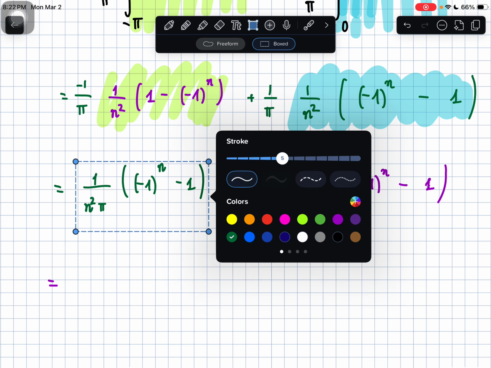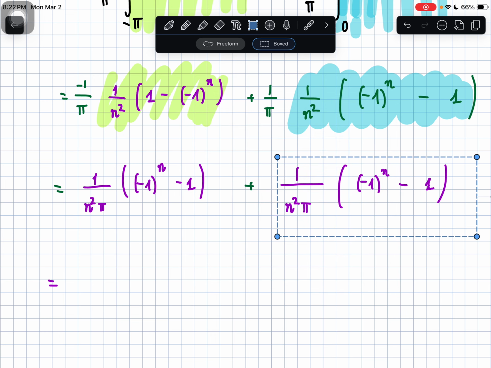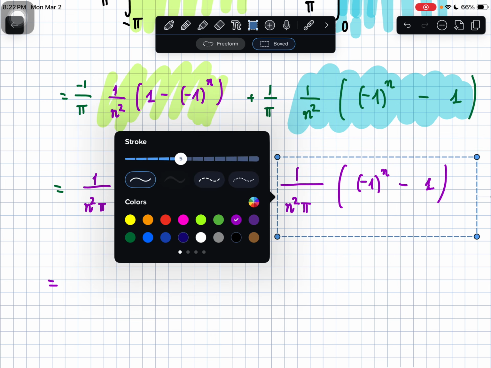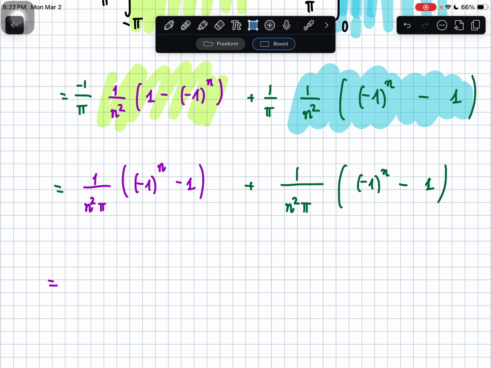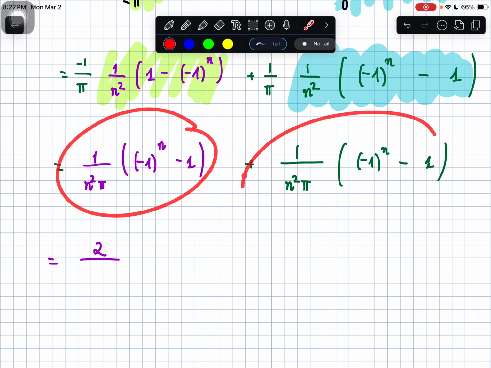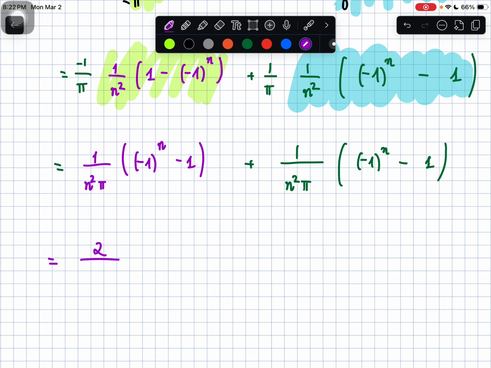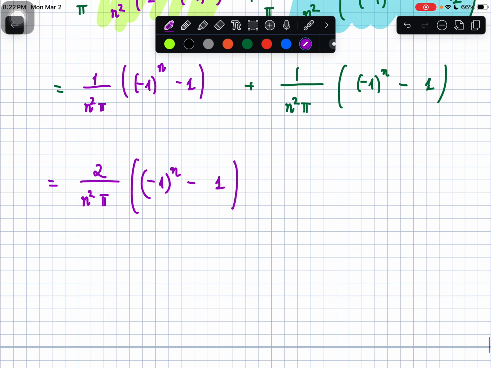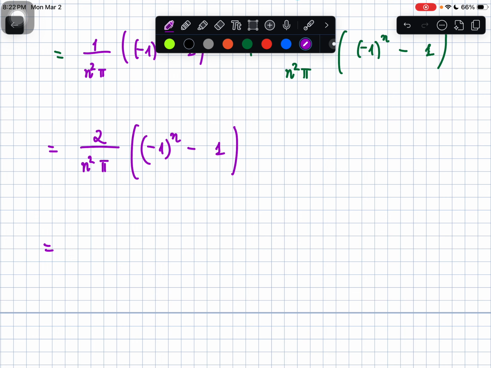So first terms, second terms. You have 2 over, because they are the same, these numbers plus these numbers, 2 over n squared pi, minus 1 to the n minus 1. If you want to write it a bit further, you have two cases, n is even or odd.